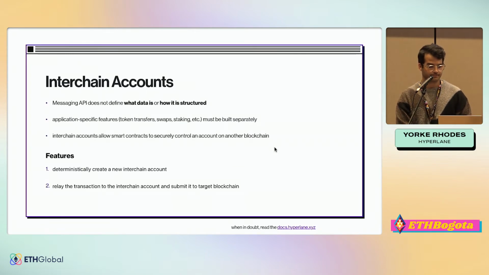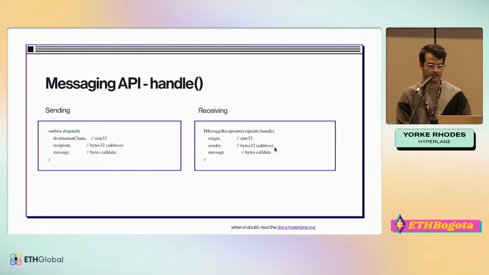So yeah, it's slightly annoying that you have to deploy contracts on both sides of the message lifecycle, the sending chain and the receiving chain, because it basically means you have to manage an application which is deployed on all these different chains, and it can get kind of complicated.